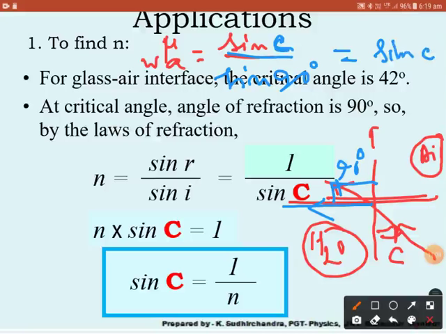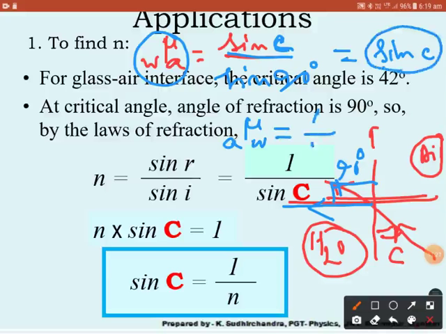If you want to express it in terms of the refractive index of water with respect to air, then this should be taken reciprocal, so 1 by sine of the critical angle.